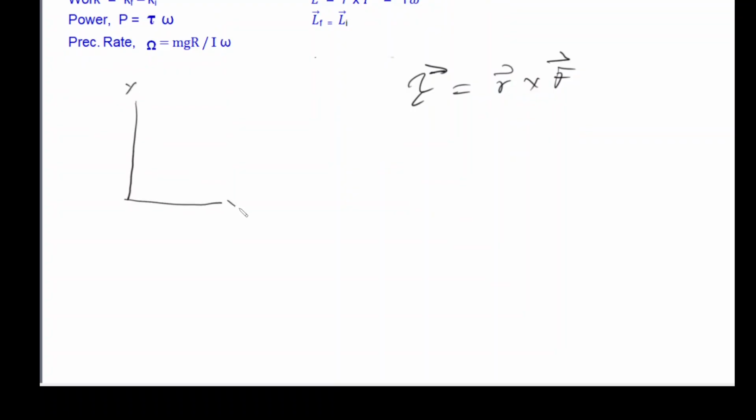You have your y, x-axis, z-axis. You have a positional vector R, and you have a force acting on that object. And in this case, the angle is phi.